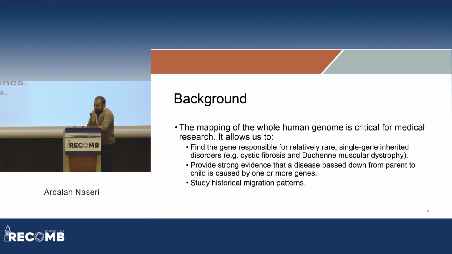It has a lot of applications, for example studying historical migration patterns, and even in medical research, when people do genome-wide association studies, they usually use centimorgans versus the physical distance, because it's a more reliable measure of how two segments are inherited from a common ancestor.